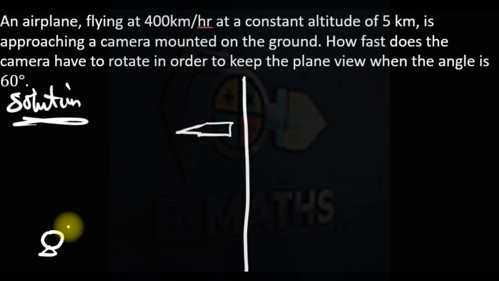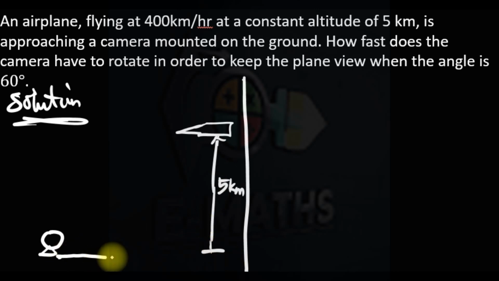So it's approaching the camera, and they said the plane is 5 km up here, and this is the vertical distance.